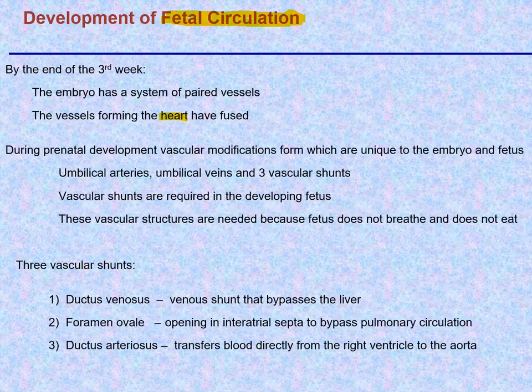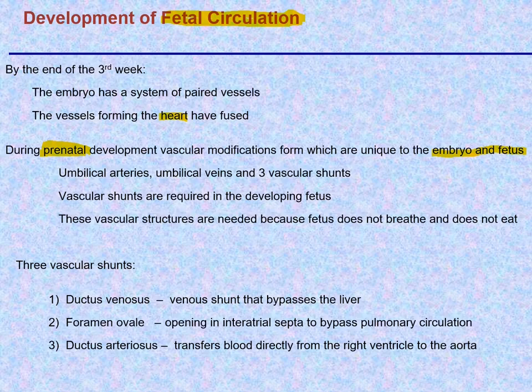But there are some key developmental structures that are characteristic of the developing vasculature, which are only found prenatally and are only functional prenatally. They are unique to the embryo and, going on from the embryo, to the fetus before birth.